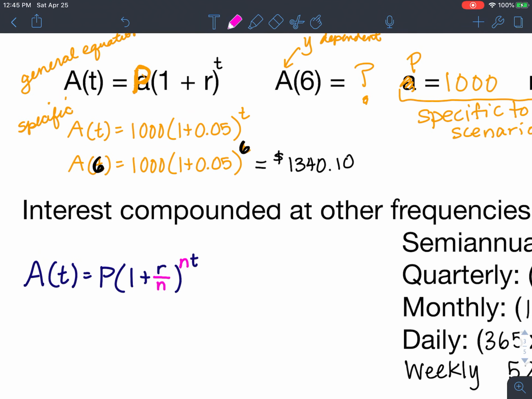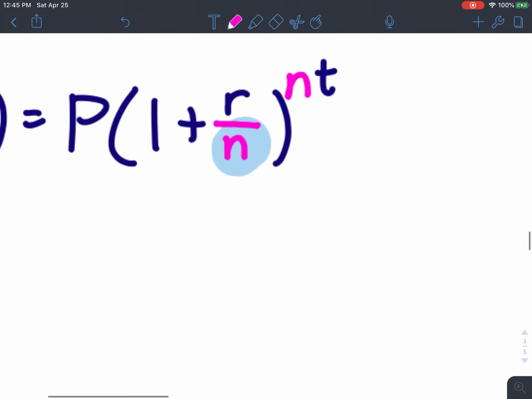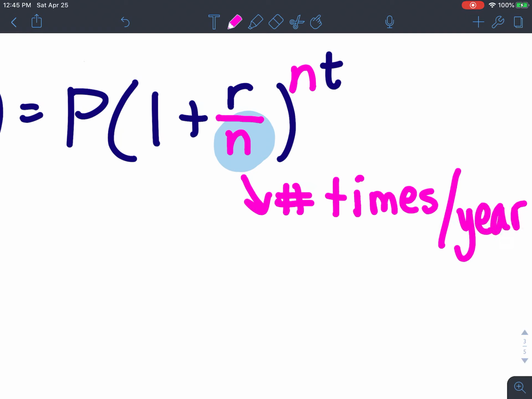If you compare it to the equation from up here, you'll see it's pretty similar except for this n. And that n represents the number of times per year the interest is compounded. So we're going to write that down: number of times per year interest is compounded.